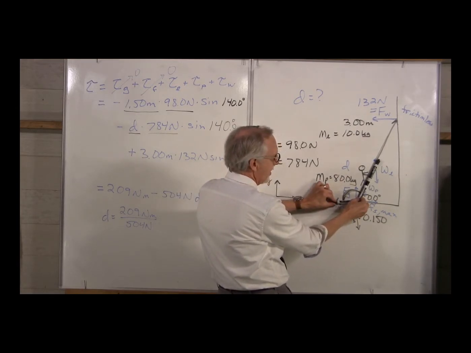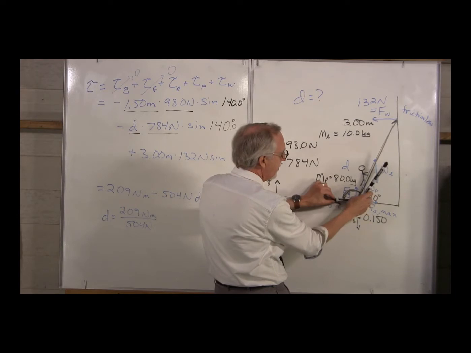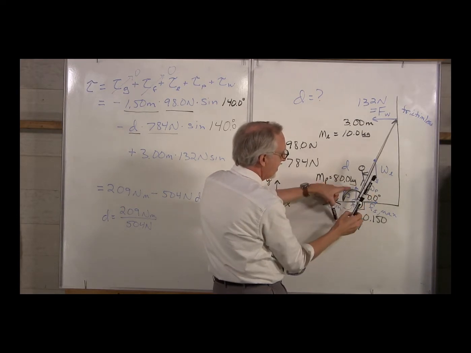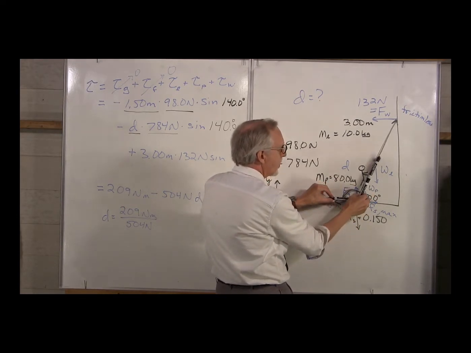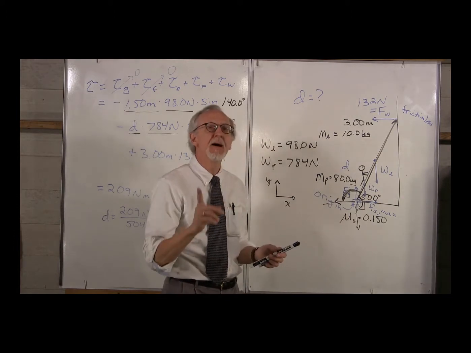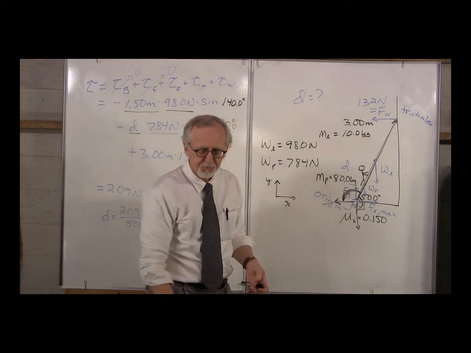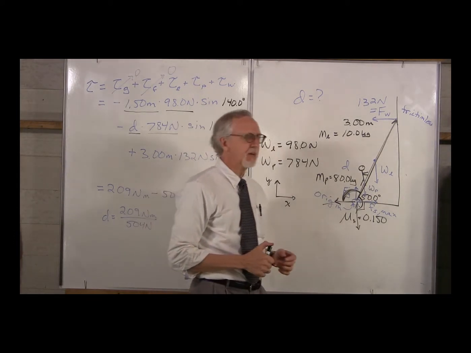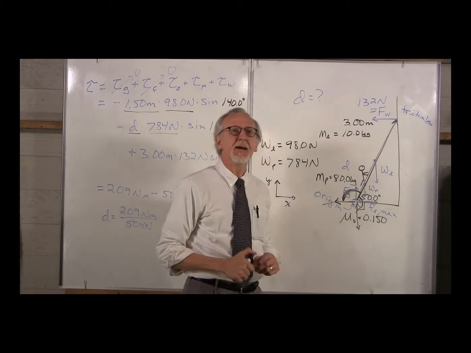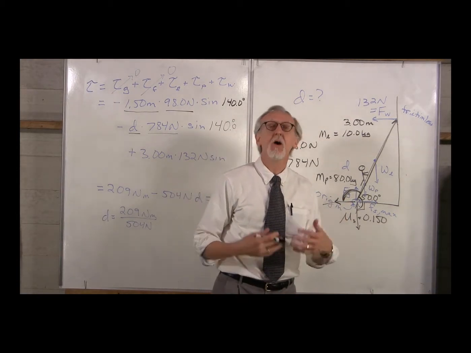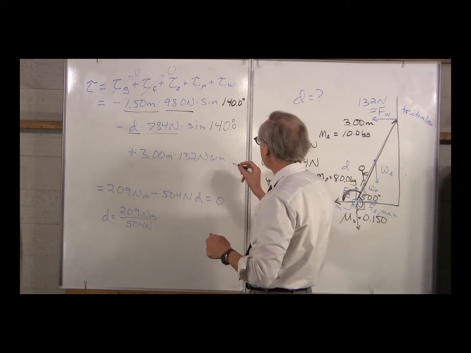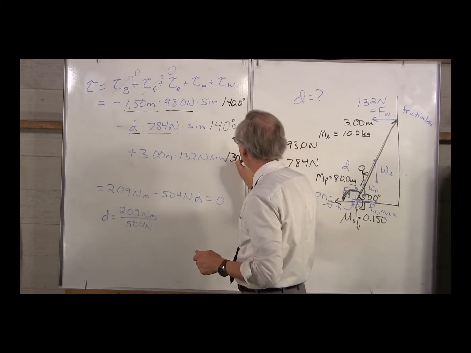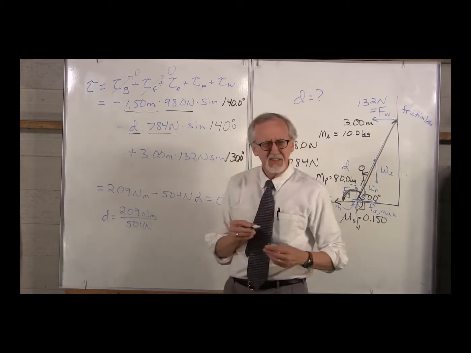Well, if this angle is 50 degrees, this angle must be 180 minus 50 degrees, in other words, 130 degrees. So this is 130 degrees. Those are a little tricky sometimes.